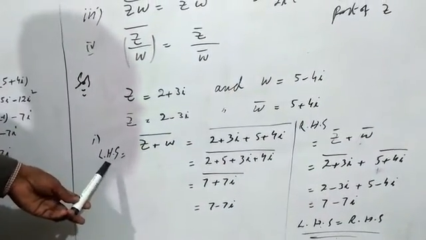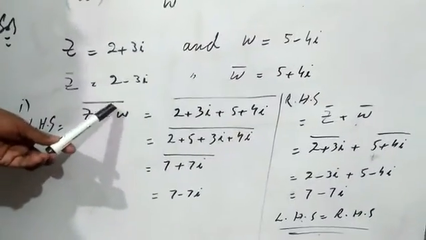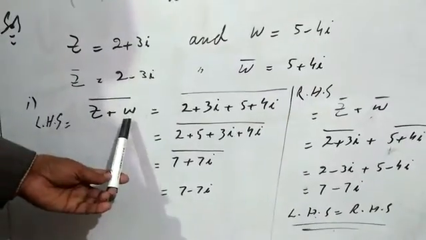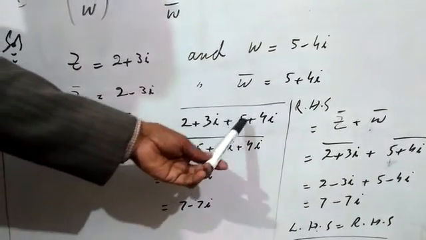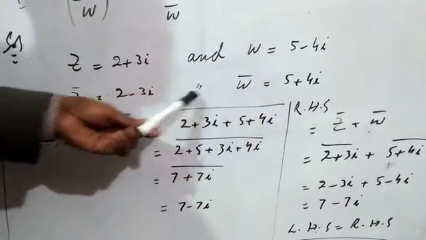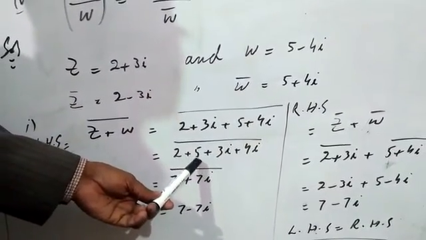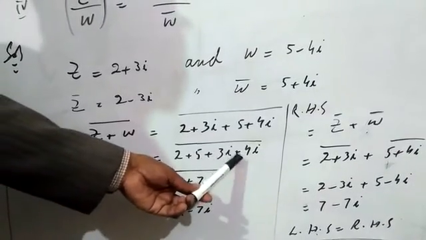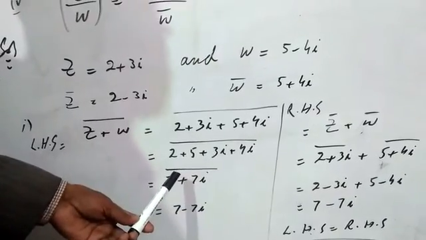First result: we take the left hand side, z plus w conjugate. Firstly we have to add z and w values. 2 plus 3 iota plus 5 plus 4 iota whole conjugate. The real part will be added to the real part and the imaginary part to the imaginary part. So 2 plus 5, 3 iota plus 4 iota, 7 plus 7 iota whole conjugate.